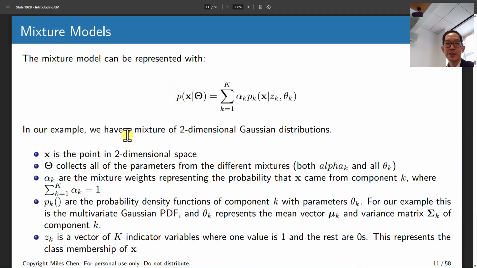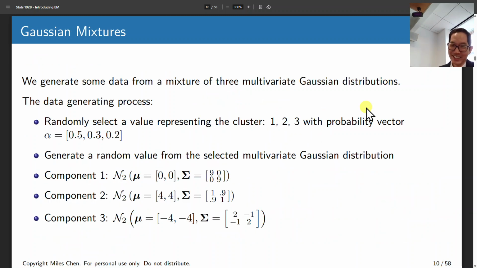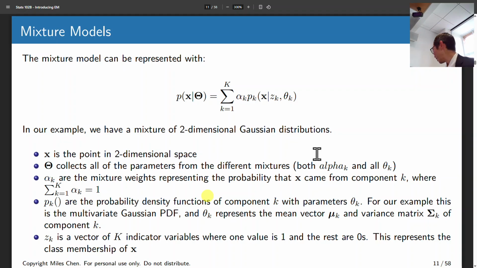We're going to write the distribution of x given our parameters theta. This big bold theta collects all of the parameters together, all of the different individual theta values. The individual thetas are going to be the sigmas and the mus.